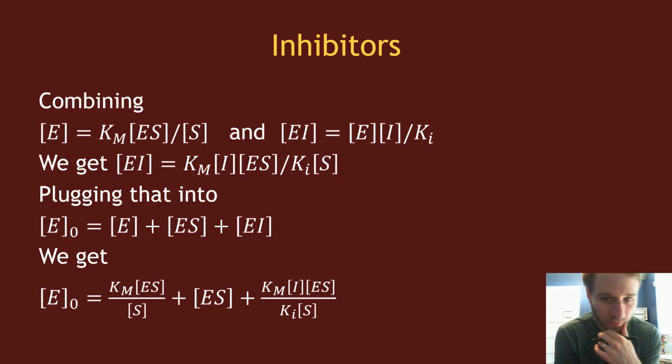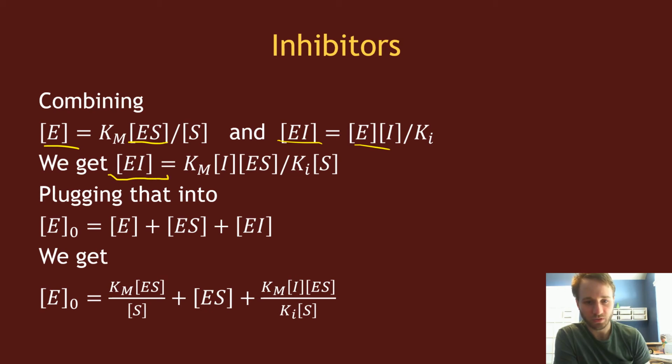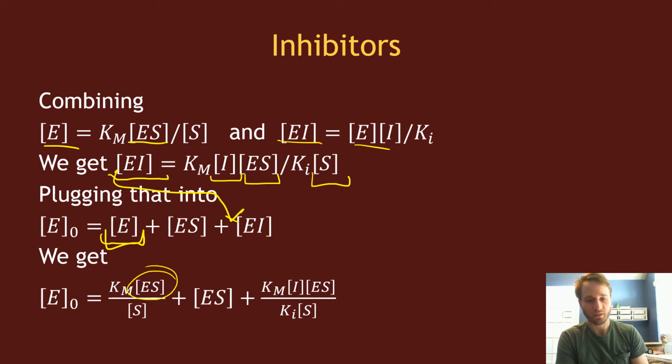So if we combine those relationships between the enzyme substrate and enzyme inhibitor, we get that the enzyme inhibitor concentration is related with the inhibitor concentration, the enzyme substrate concentration, and the substrate concentration. And then finally, we can plug that into this expression here, do the same substitution for the free enzyme concentration in terms of the enzyme substrate, of Km times enzyme substrate divided by the substrate concentration.